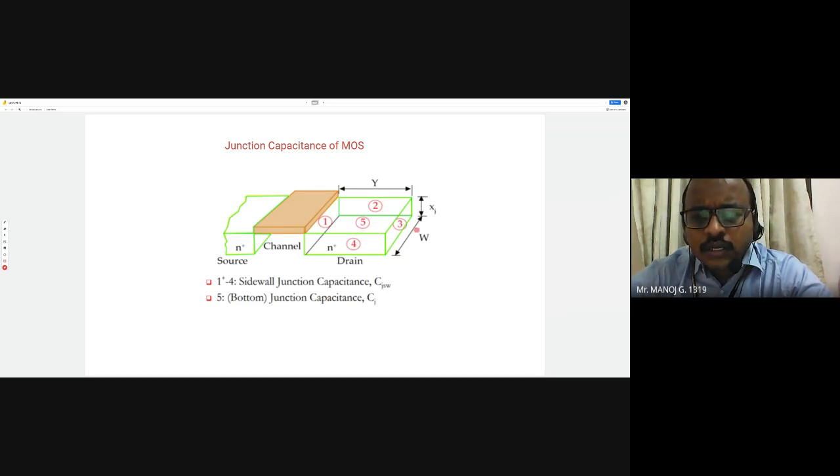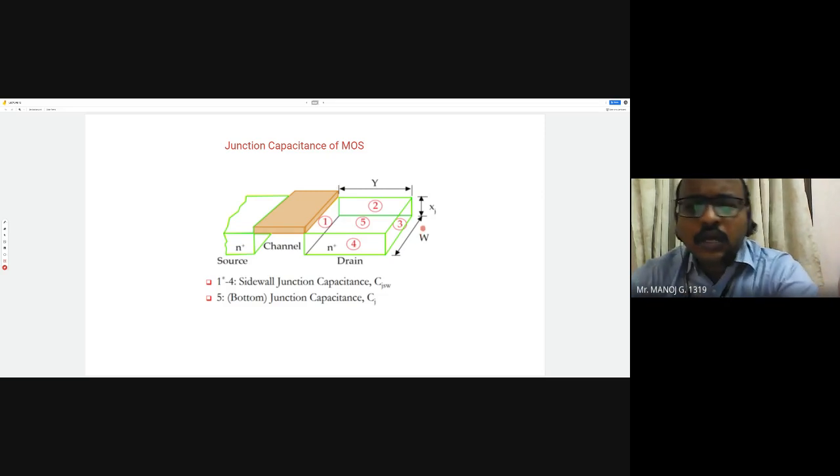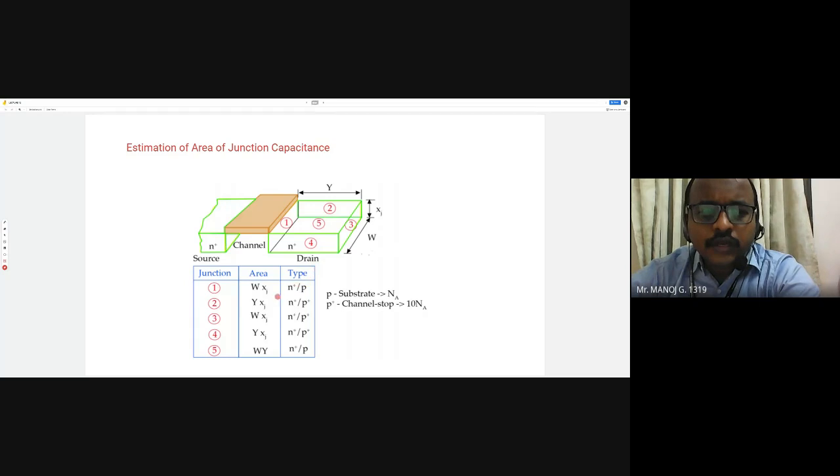So the length of this thing is W, and the breadth is XJ. This also has length, width, and height. So Y, XJ, and W. Now we'll try to calculate what is the area. For example, what is the area of junction 1?